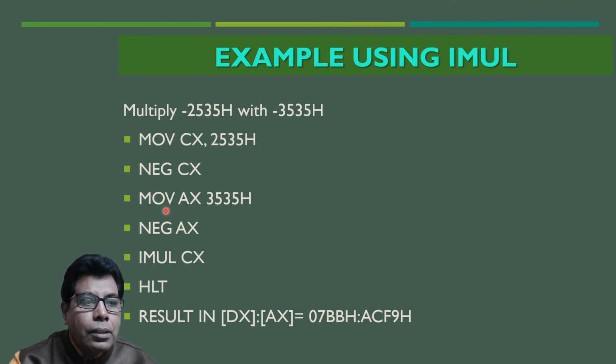Then we move the second number 3535 into the AX register, and again we negate this because here it is minus 3535. Then we use the IMUL instruction. Since both are negative numbers, the result will be positive, which will be available in DX and AX. So the result is 07BB ACF9. So that will be the IMUL.